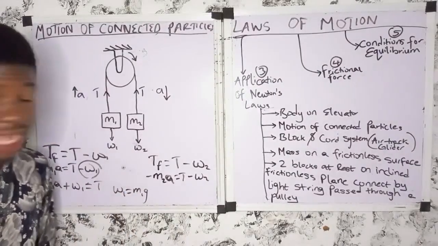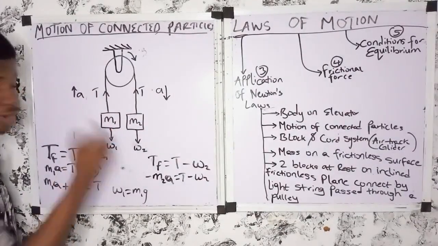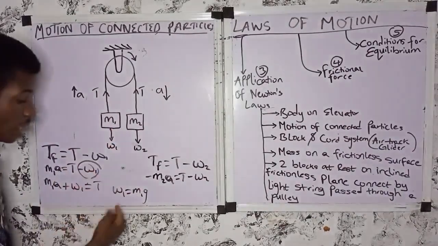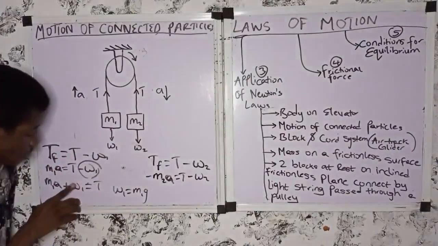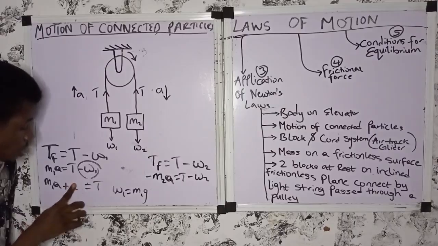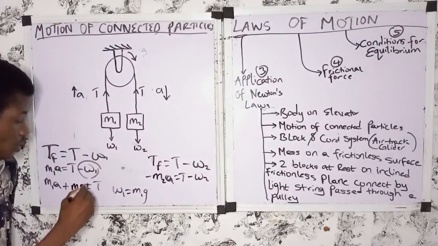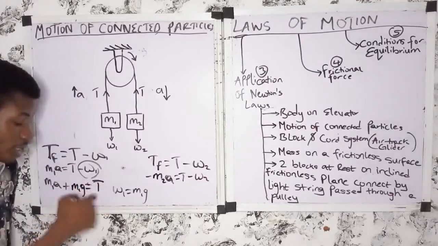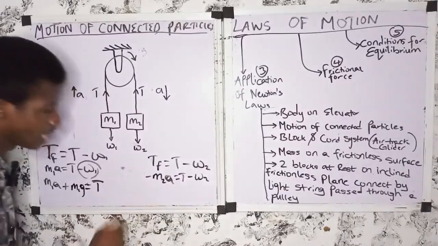Weight is equal to mg, based on the fact that we are regarding this M1, that's why you see M1 here. So in place of W1, I put M1g. So tension here is equal to M1a plus M1g.